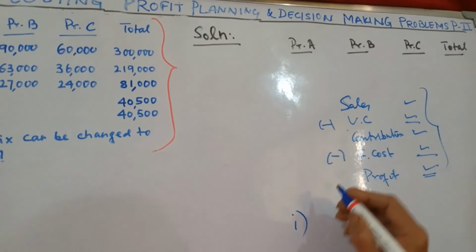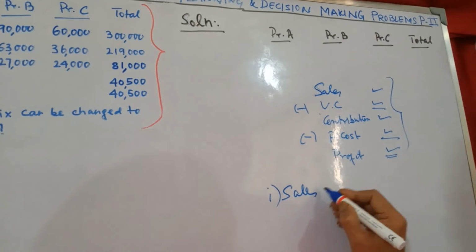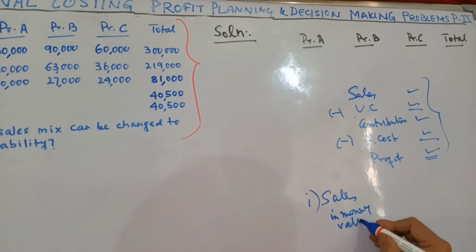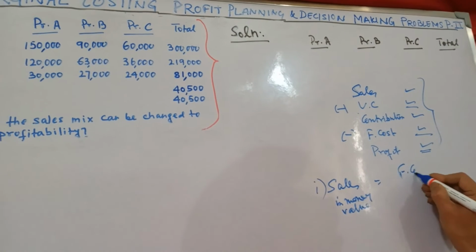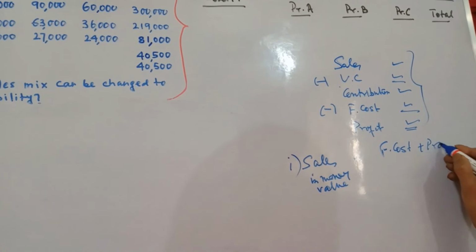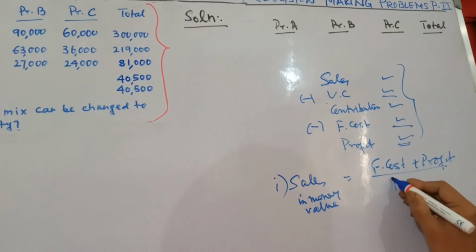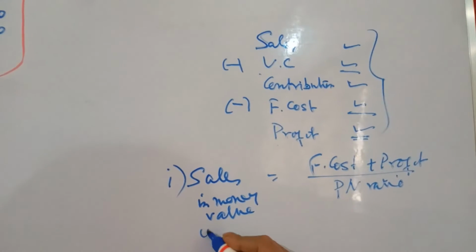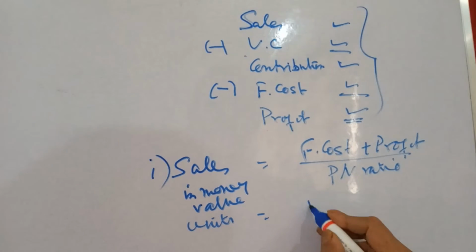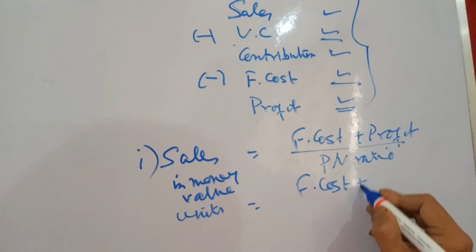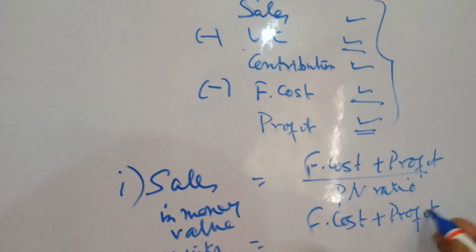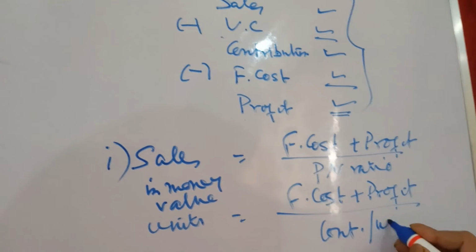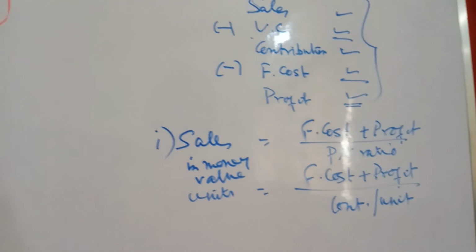Number 1, sales in money value, that is in dollar value, is equal to fixed cost plus profit divided by PV ratio. Sales in units equals fixed cost plus profit, and a whole divided by contribution per unit. Right?